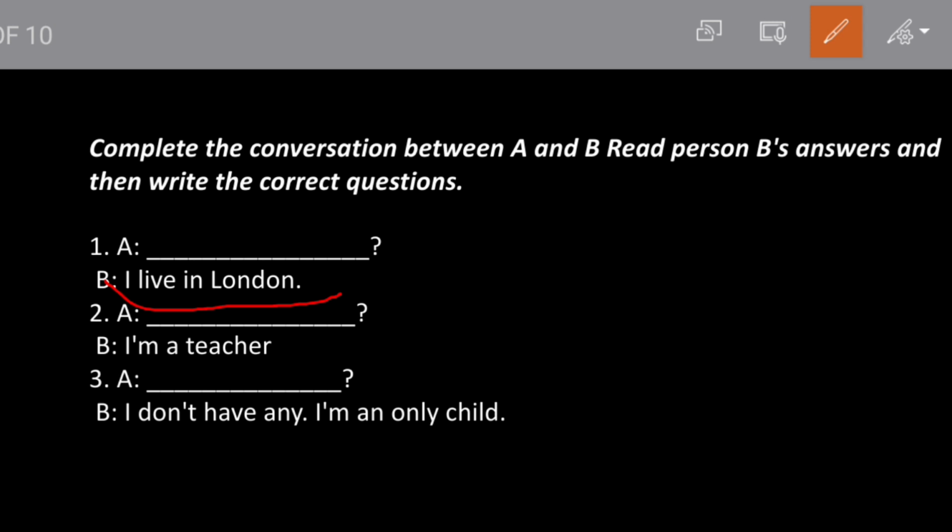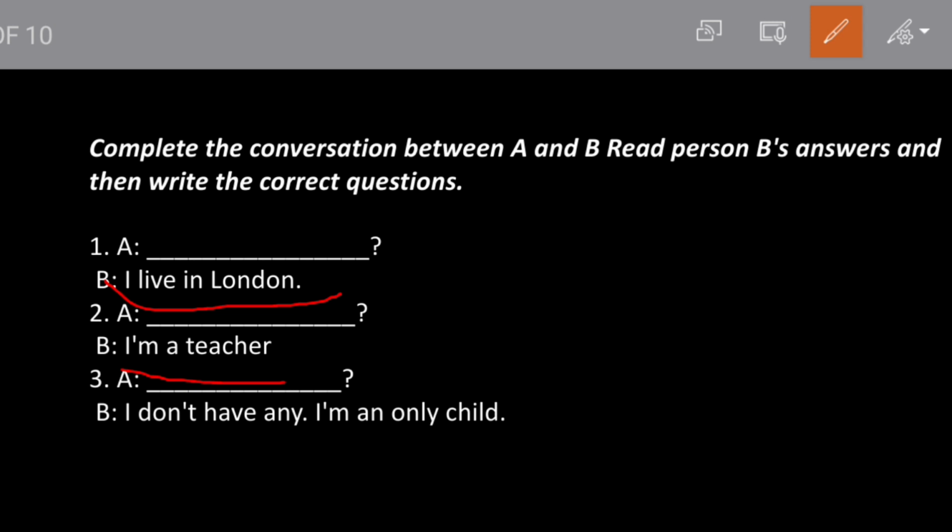The subject is you. So the question is, where do you live? In the second case, the answer of B is, I'm a teacher. So A is asking about the profession of B. The question will be, what do you do?